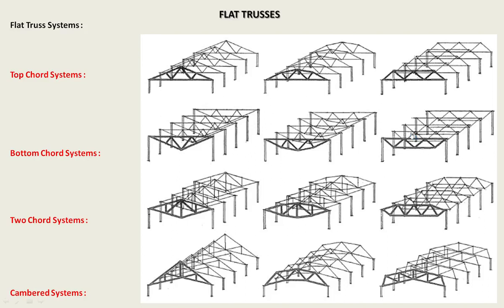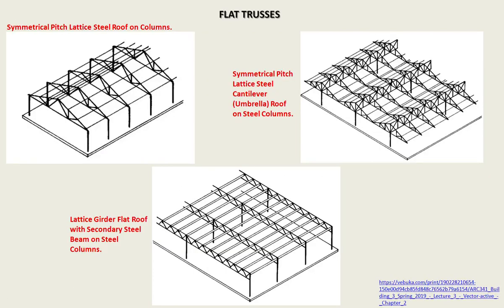For the flat truss systems, we can divide them into, as you can see, 4 parts: top chord systems, bottom chord systems, two chord systems, and the camber systems. Symmetrical pitched lattice steel roof on columns.